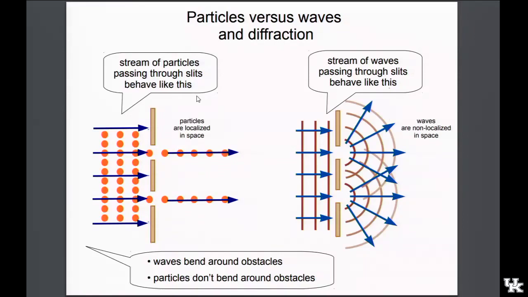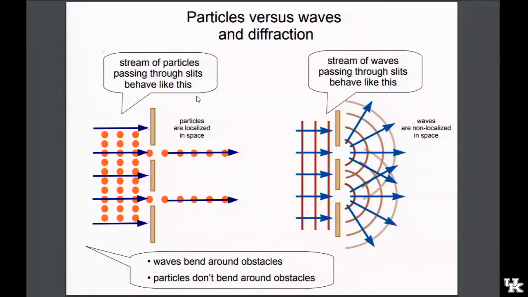So we just get these two pencil-like streams of particles traveling from left to right on the far side of the wall. For waves, again, a lot of waves don't go through the wall. They hit the barrier, but some waves do go through the wall. But when they emerge, they go in all directions.